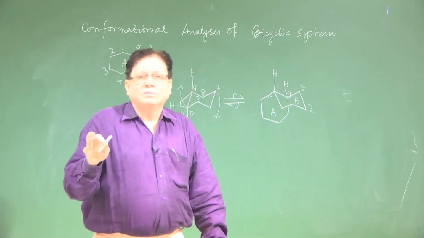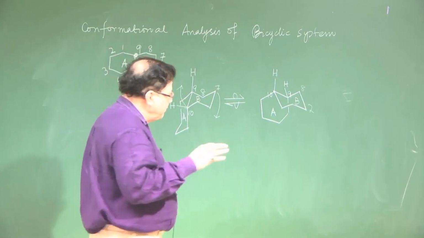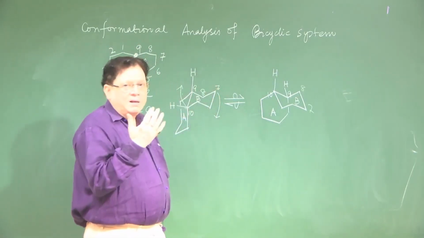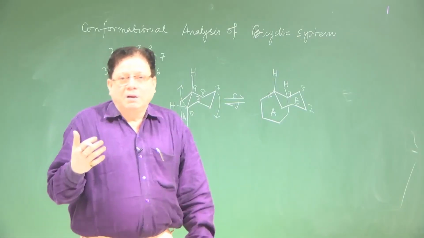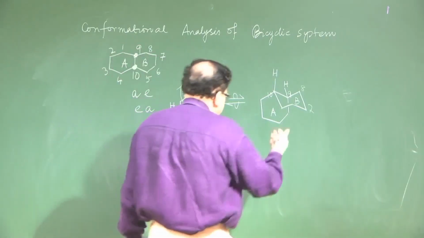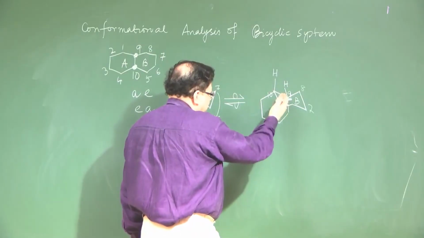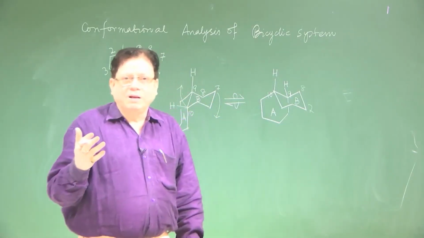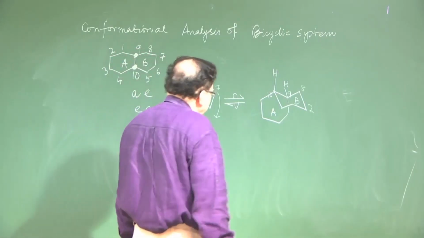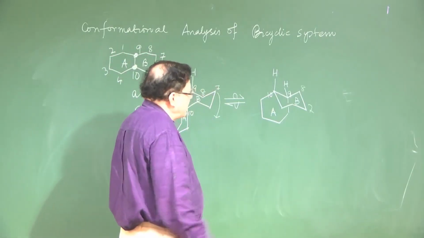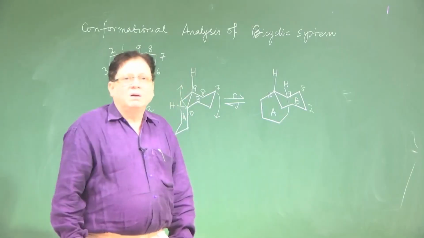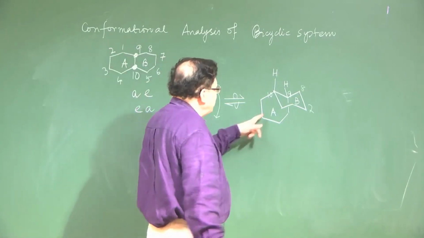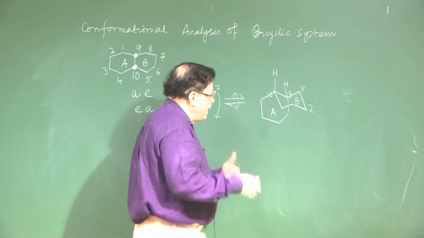Although it is in the perfect chair form, the problem is the way it is being seen, its projection looks like a plain hexagonal ring. Some people object to this type of drawing, because it gives a misconception in the minds of the students that probably A is a plain hexagon ring.